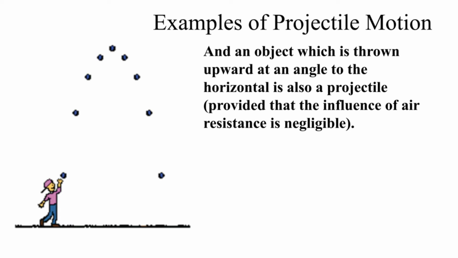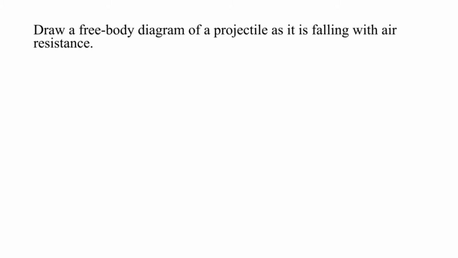So let's draw a free body diagram of a projectile as it is falling with air resistance. If there is a projectile falling with air resistance, how does the free body diagram look? Remember, in our first video we spoke about the terminal velocity, and that's exactly what we're going to experience here.